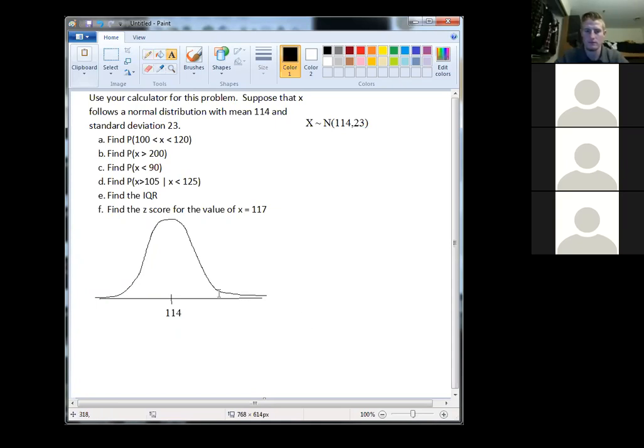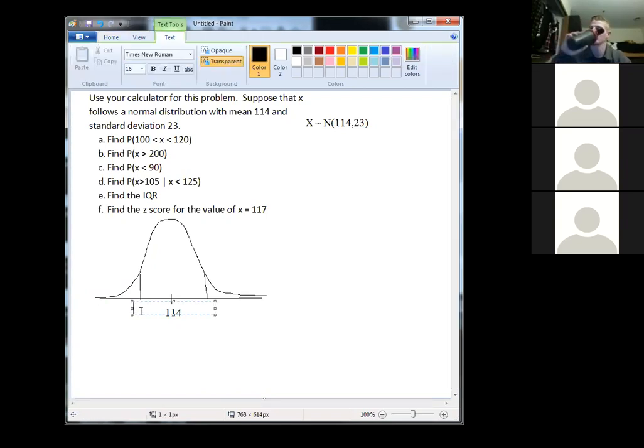I'm not seeing you all jump in on the chat box for talking, but what's the IQR? Yeah, interquartile range. So what that means is we're going to have two values.